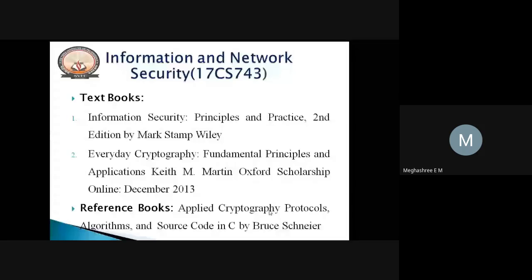Okay. So the textbook I need to follow for this subject is Information Security: Principles and Practice, second edition. The author name is Mark Stamp. The second textbook is Everyday Cryptography: Fundamental Principles and Applications, written by Keith M. Martin.